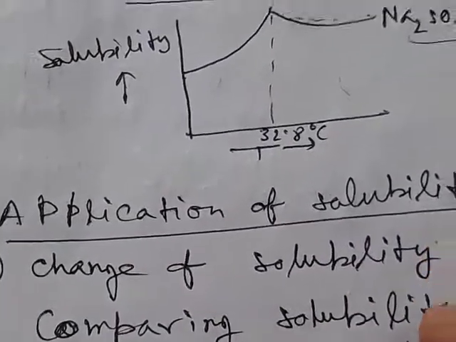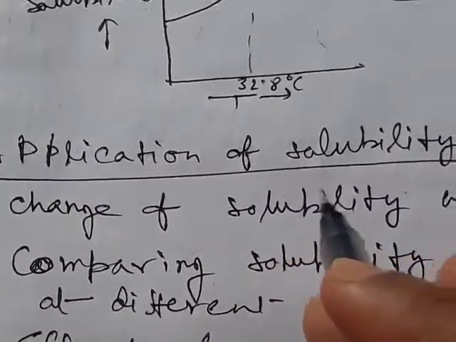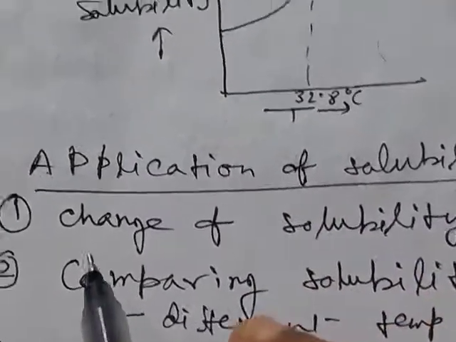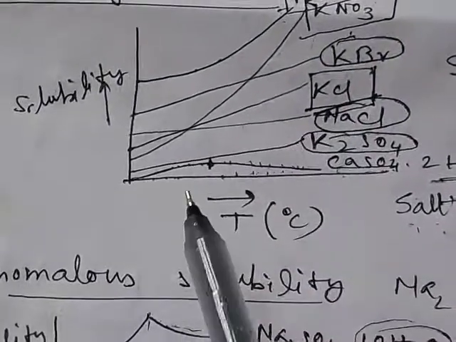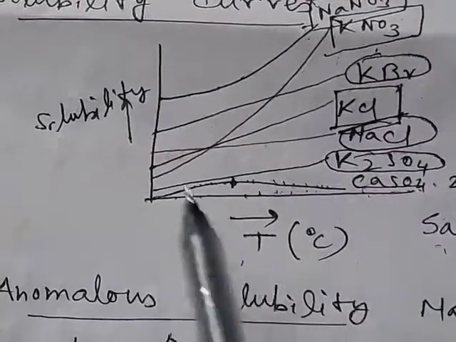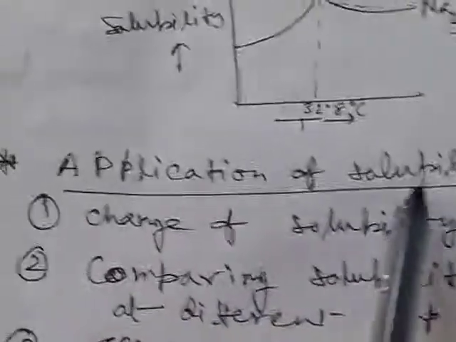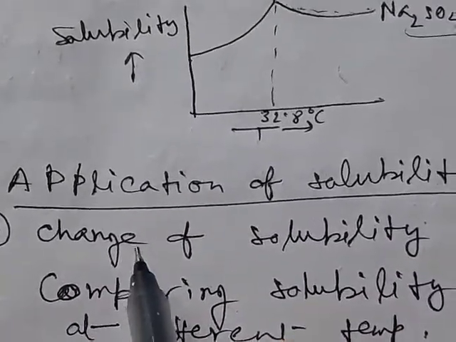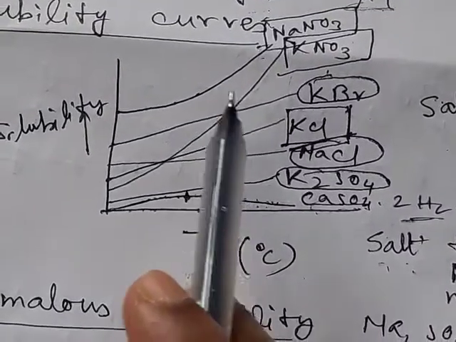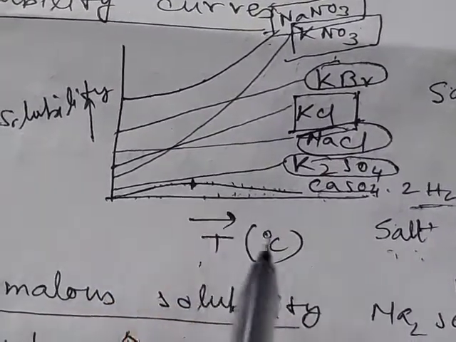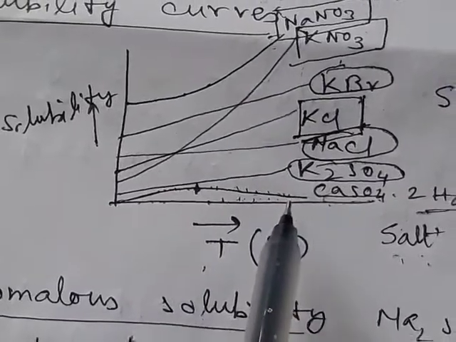Now, applications of solubility. What are the applications of the solubility curve? Number one: from these solubility curves we can tell about the change of solubility with change of temperature.